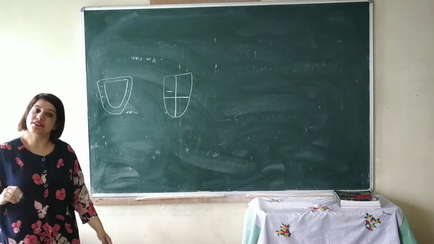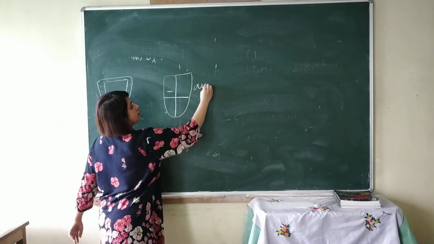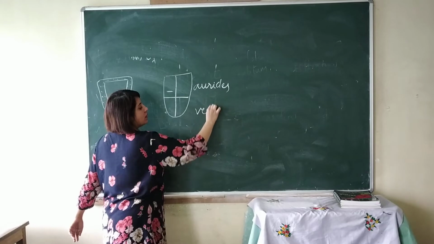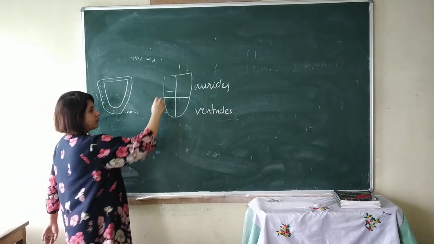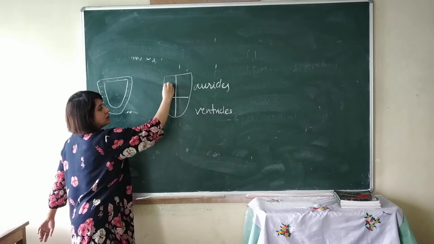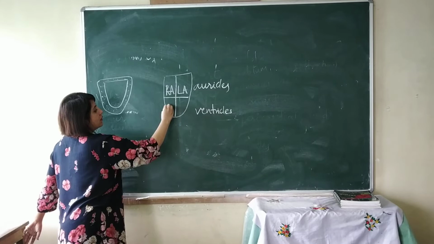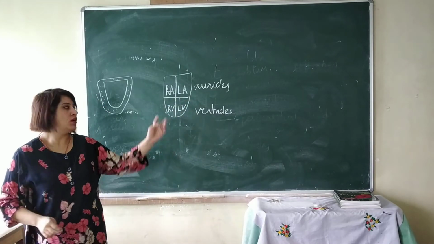Next. The heart has 4 chambers. The upper 2 are called auricles and the lower 2 are called ventricles. This is the right auricle, this is the left auricle, this is the right ventricle and this is the left ventricle.